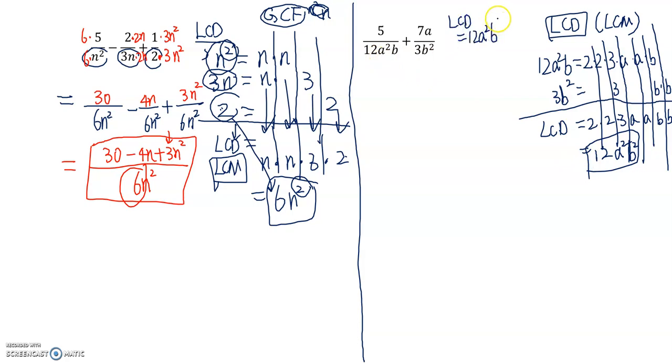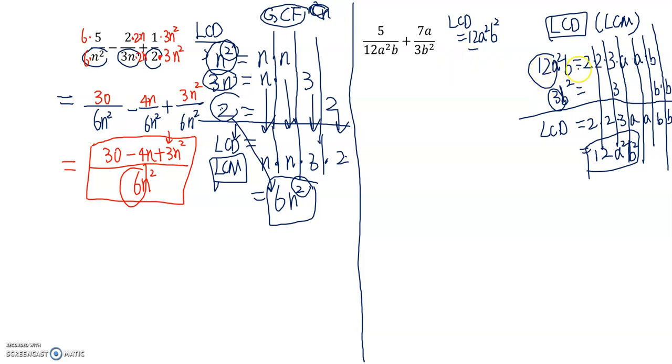Now, there's a quick tip to look for the LCD: look at the numbers first, the 12 and the 3, because we are usually familiar with finding the LCM of two numbers. For 12 and 3, the least common multiple is 12, so we can determine that immediately. For the variables, the tip is you always take the one with the highest exponent.